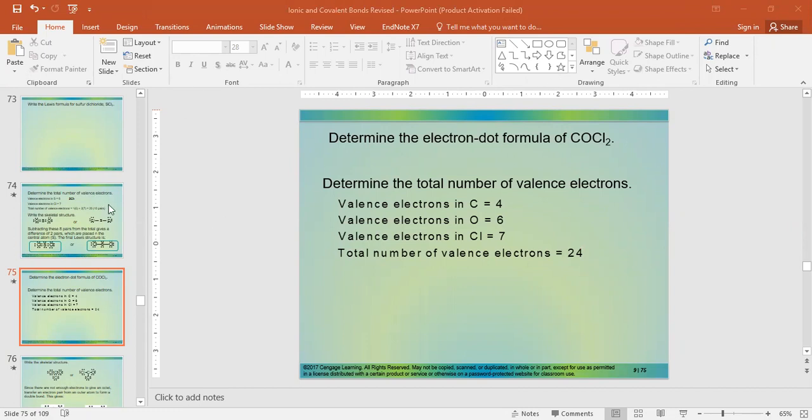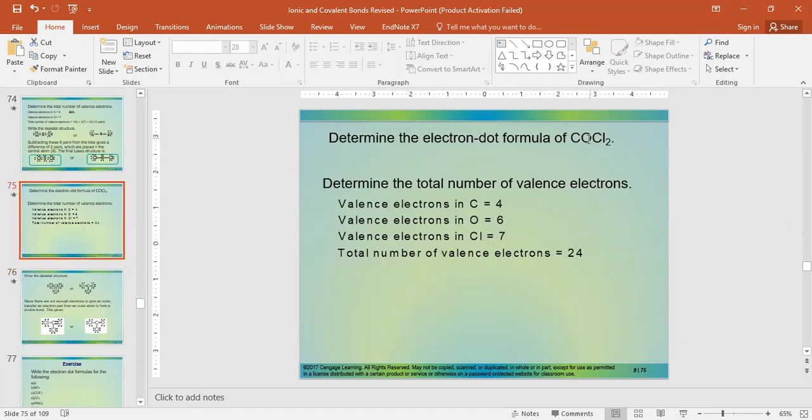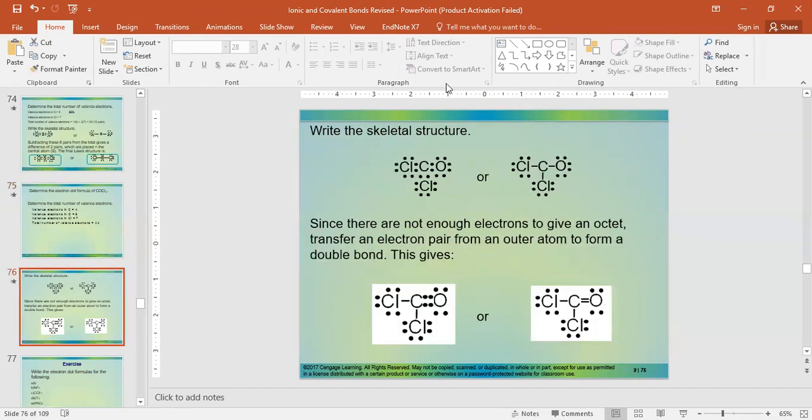And how do we distribute? When you look at all these atoms, you will realize that it is carbon which has the lowest electronegativity. And therefore, we are going to ensure that oxygen is okay, and the other 2 chlorines are okay in terms of distributing these electrons so that we can get an octet.